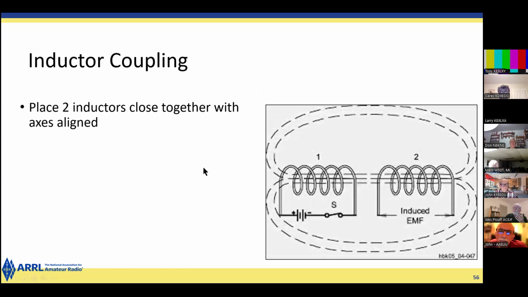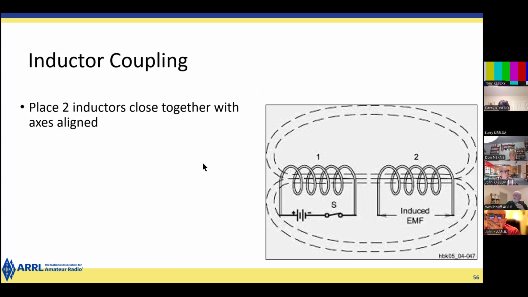So, and well, here's the illustration. What you see is when you open or close that switch, current will flow or stop flowing in the coil on the left, and that will induce a voltage in the second coil. And sometimes you want that and sometimes you don't.